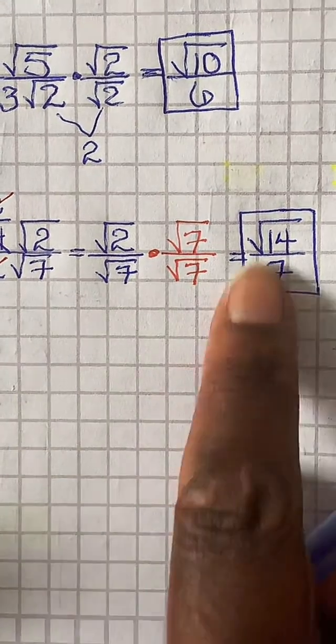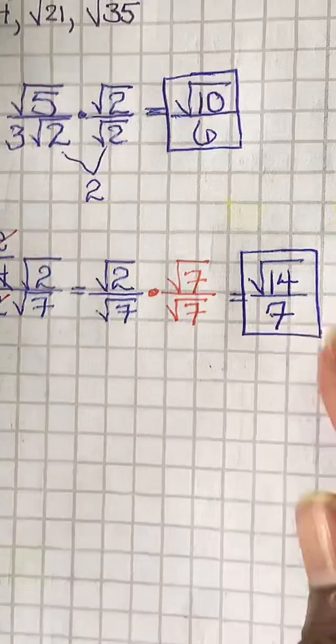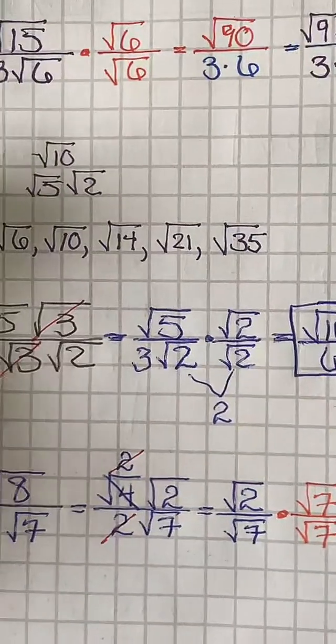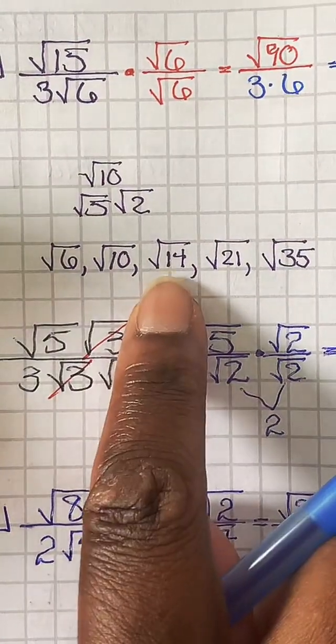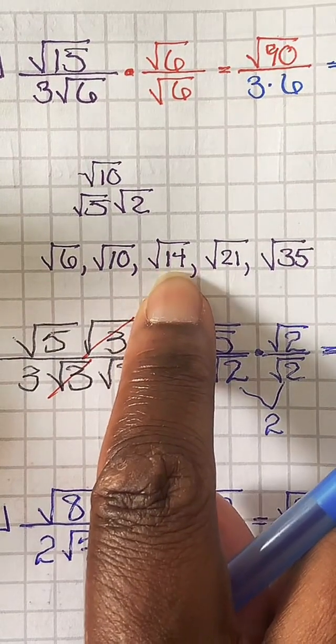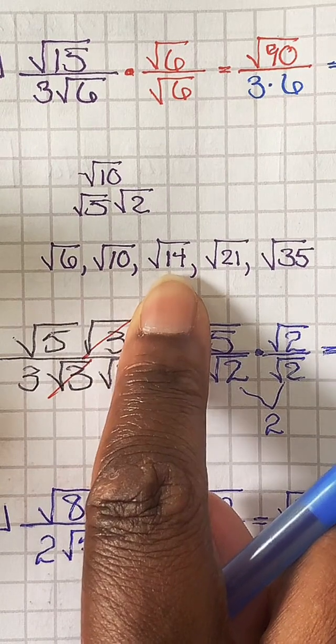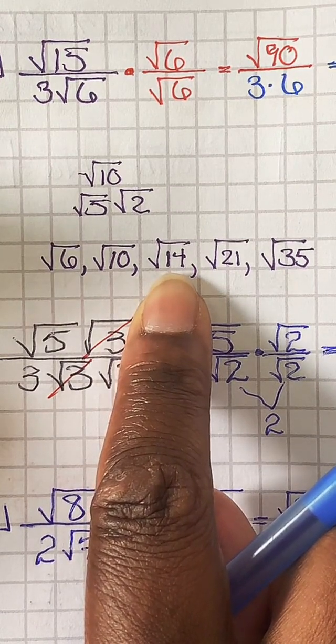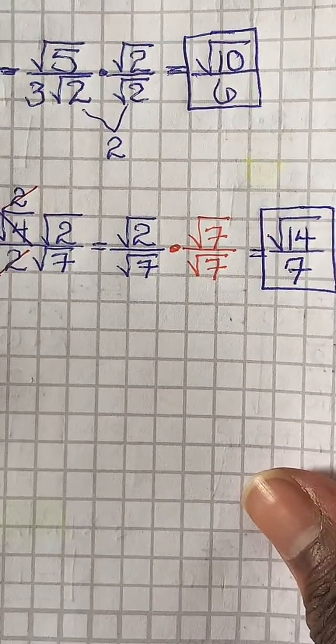Square root of 14 can't be broken down because remember, it's one of those special prime radicals. Because if I try to break down the square root of 14, I'm going to get a square root of 7 times the square root of 2. They're both prime numbers. So I'm not getting anything out of it.